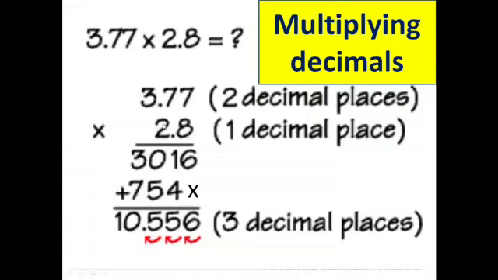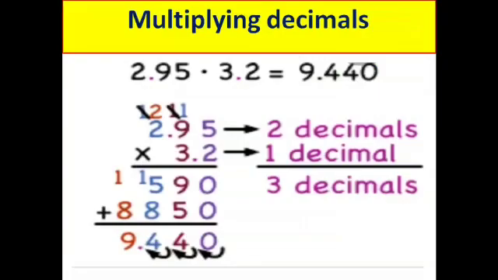After multiplying I got the answer 10,556. Now as there are two decimal places here and one decimal place here, I will put three decimal places from behind, that is 1, 2, 3. Here will come the decimal. So the answer will be 10.556.